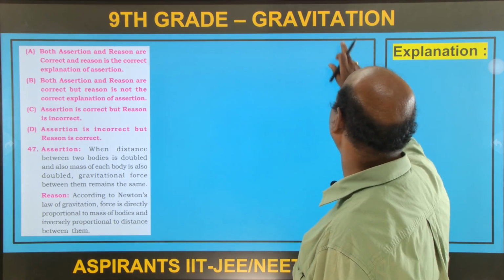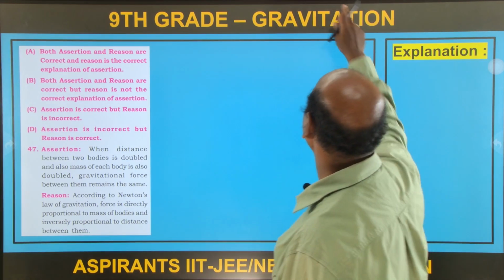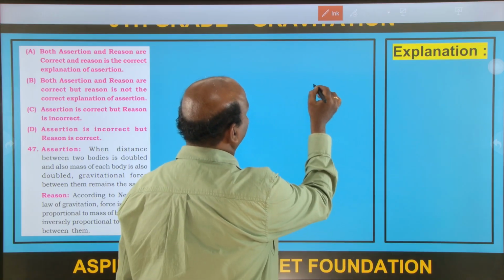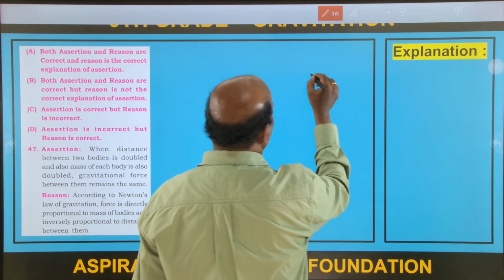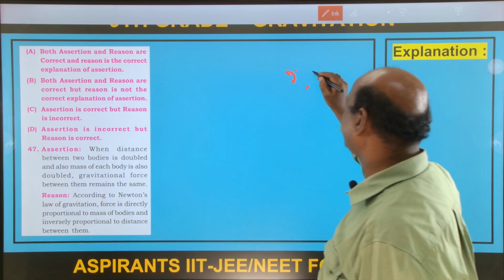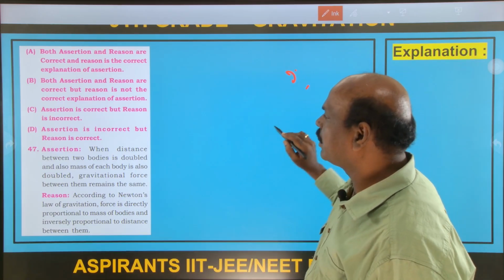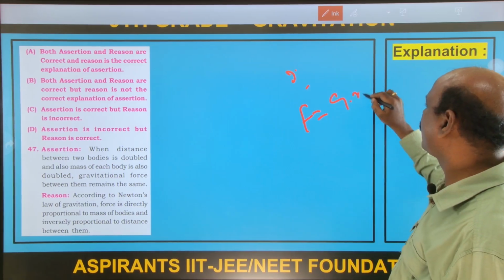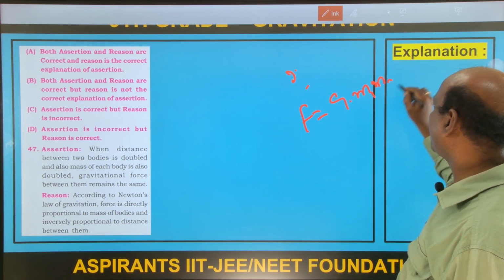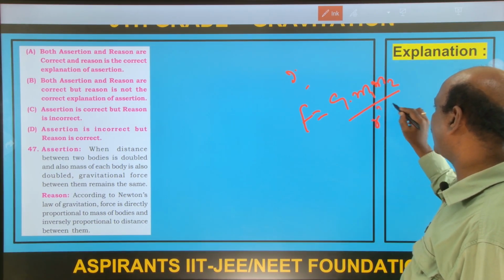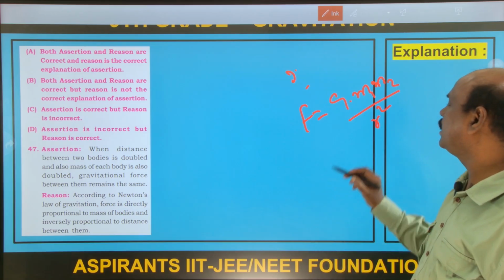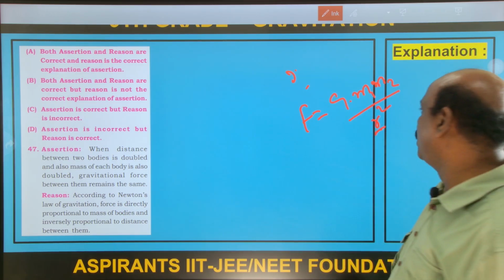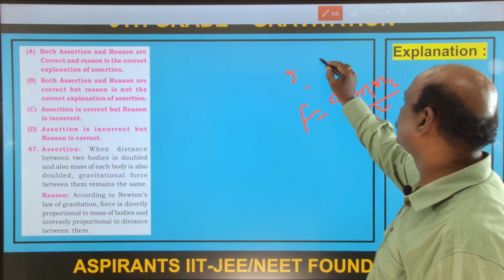So what is being said here, if you just observe, the distance between them, if you take R as the distance, so we know according to our formula F is equal to G into M1 M2 by R square. Now he is telling that R, the distance between them, is doubled, which means it will become 2R.